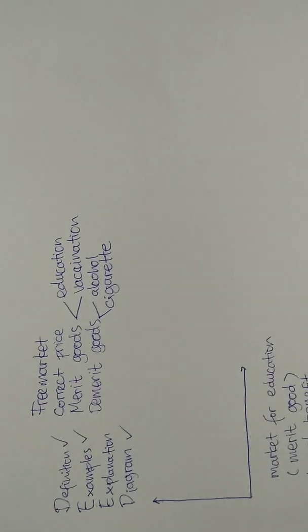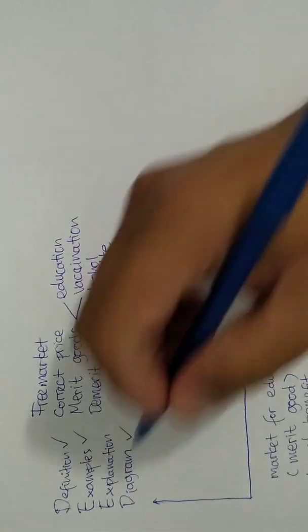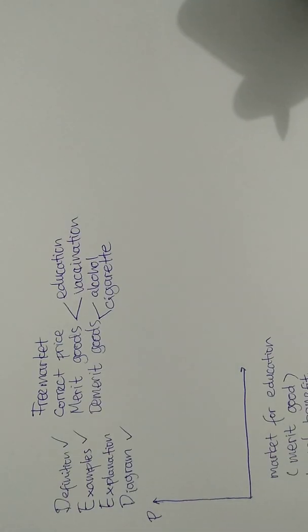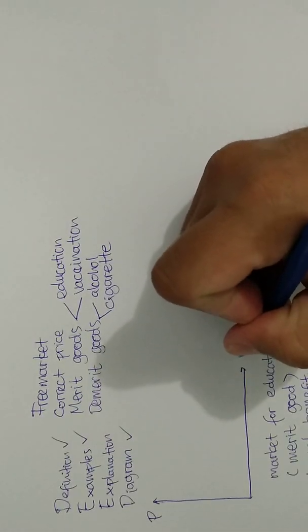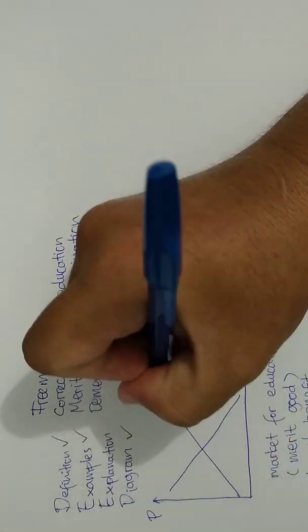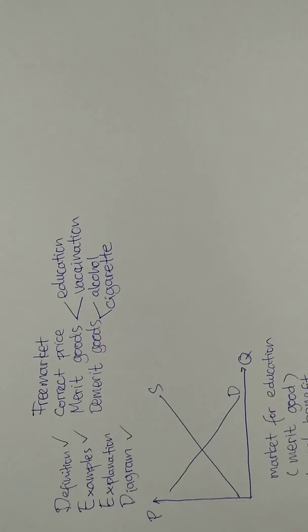Okay, now this is the y-axis and this is the x-axis. We label the y-axis with P and the x-axis with Q because this is a market diagram. Okay, this is demand and this is supply.